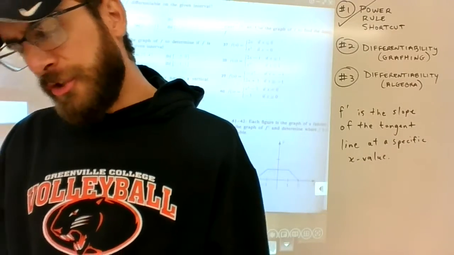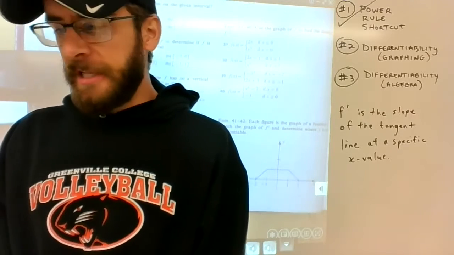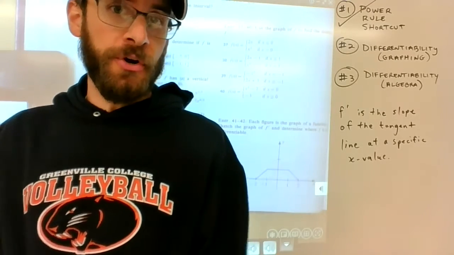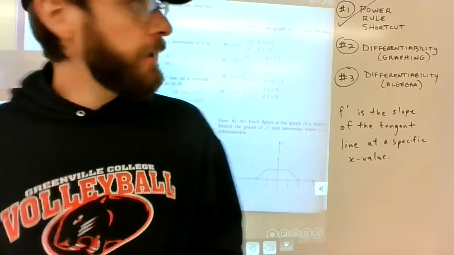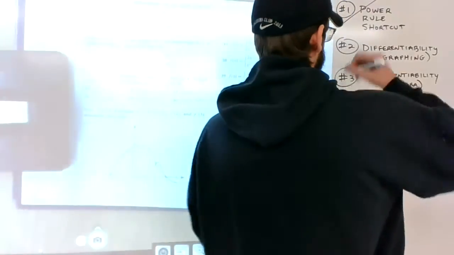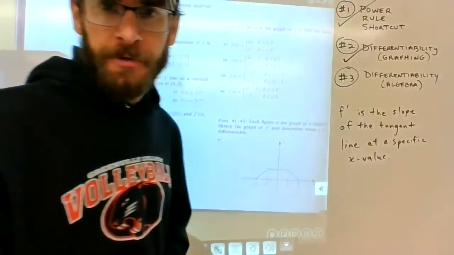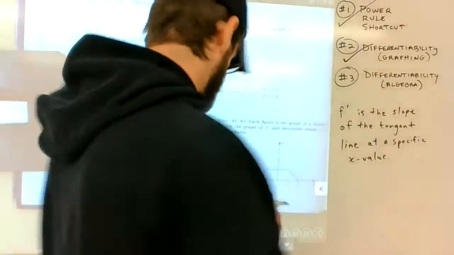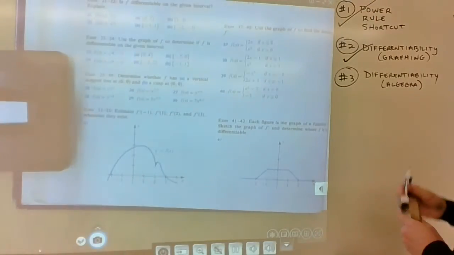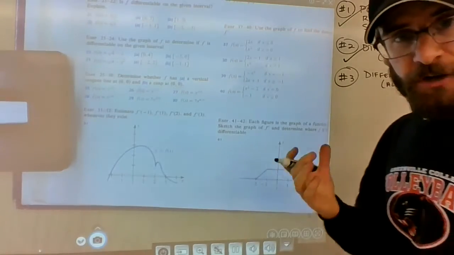So they don't really talk too much further about differentiability other than just recognizing that sharp turns create points of non-differentiability. So I think we can at least put to rest number 2 for now. And the last one, the definition of differentiability on a closed interval, okay?